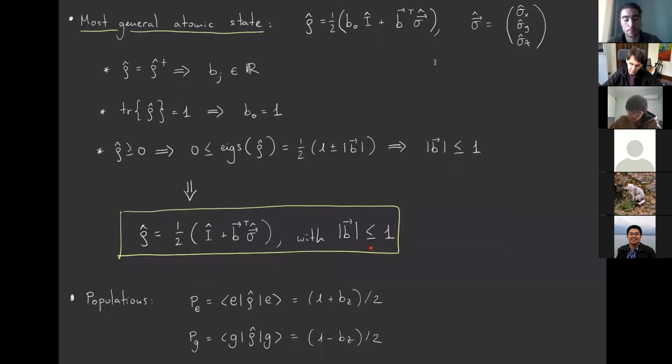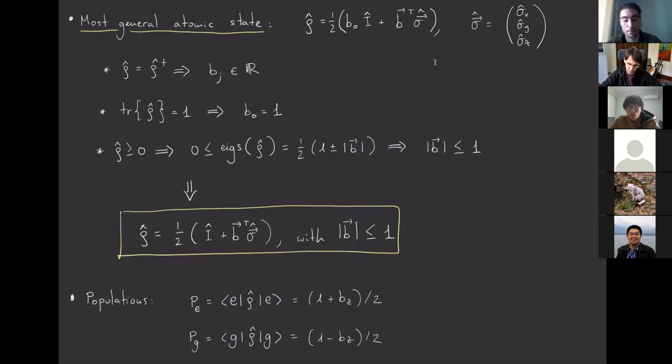What it satisfies is that the modulus of the vector has to be smaller or equal to 1. So any state like this is an accessible matter state within the two-level approximation.